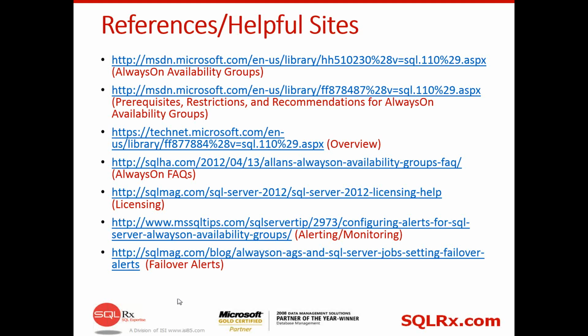This presentation demonstrated a really basic installation of AlwaysOn. There's actually several variations you could use. AlwaysOn is a great new feature of SQL Server 2012 and 2014. It provides basically zero data loss protection and usable secondary servers, which is really awesome, I think. So I hope you get the chance to explore it further.